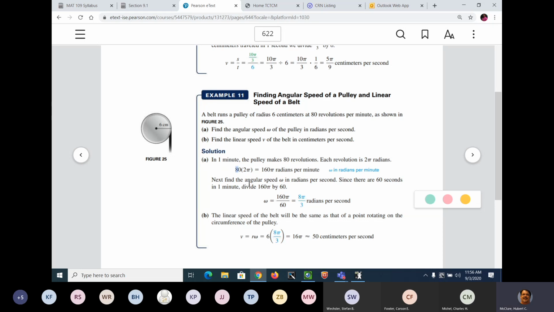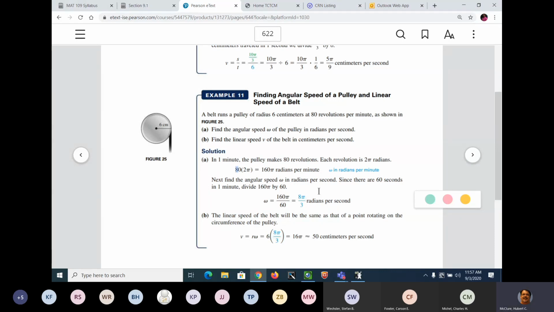Now, the angular speed is equal to the 160 pi, which we just found, divided by 60, because there's 60 seconds in a minute. And that angular speed is 8 pi over 3 radians per second.